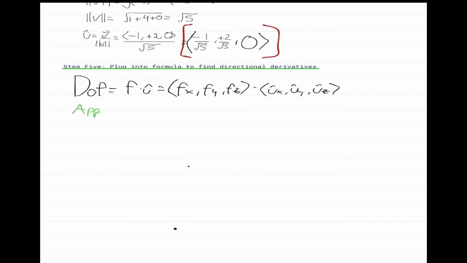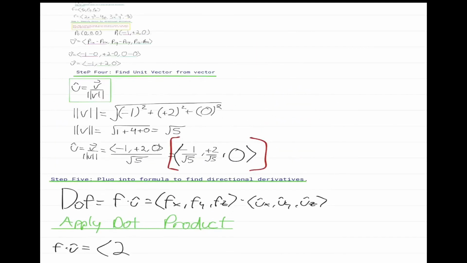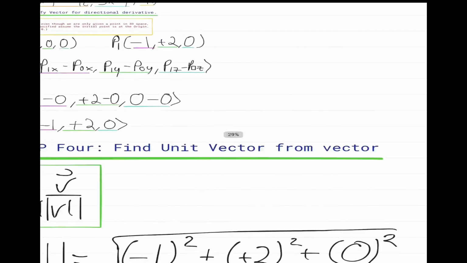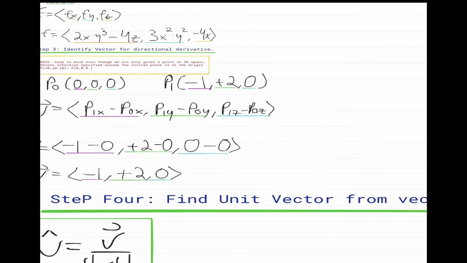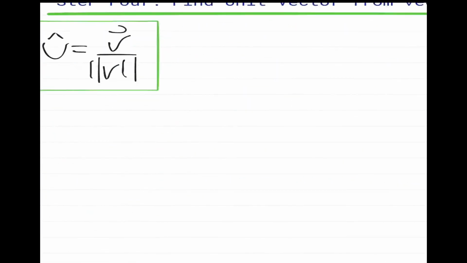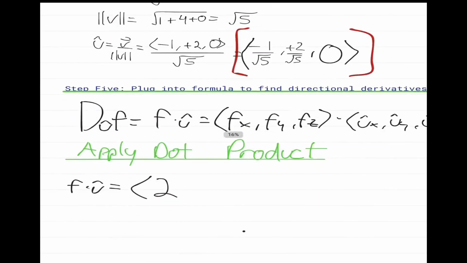So now that we have these values, we're going to apply the dot product. So what was our partial x? Partial x was these terms right here, so I'm going to go ahead and use them.